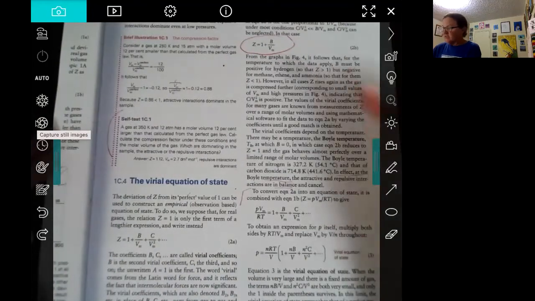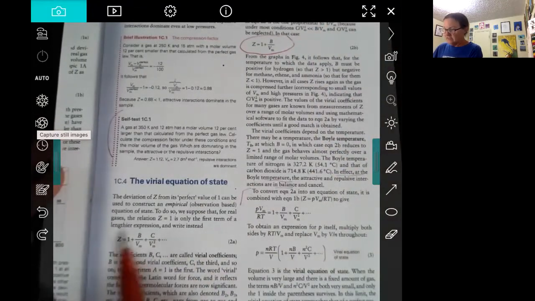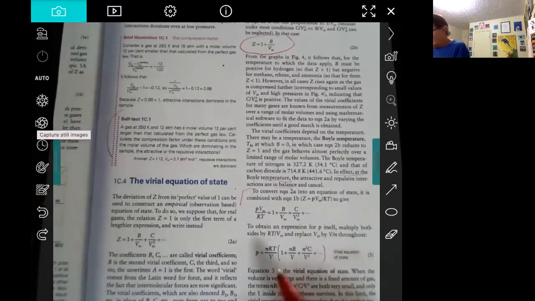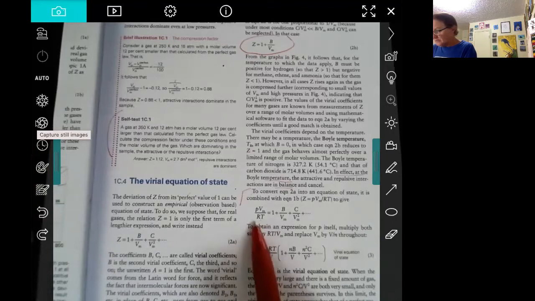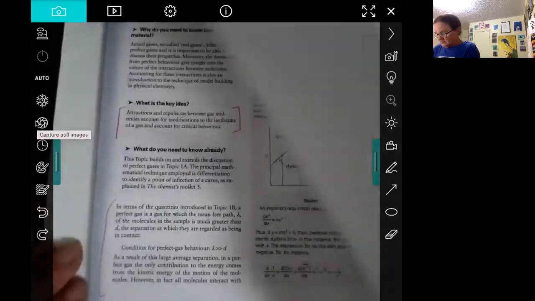You can then change this directly into an equation of state. So this is just looking at a measured Z and determining what B and C would be. But then you can sub in for Z what we had earlier.